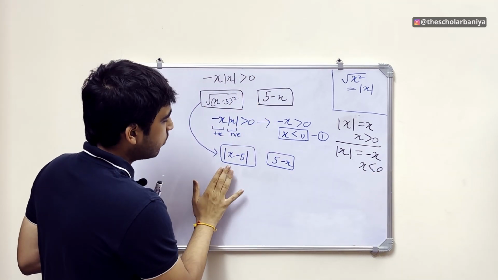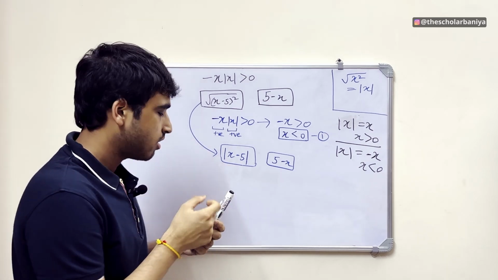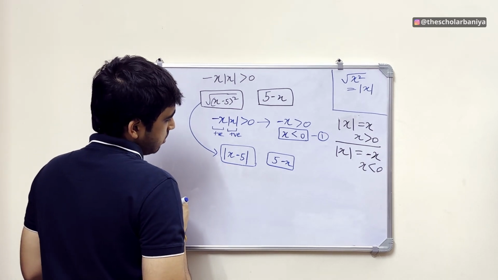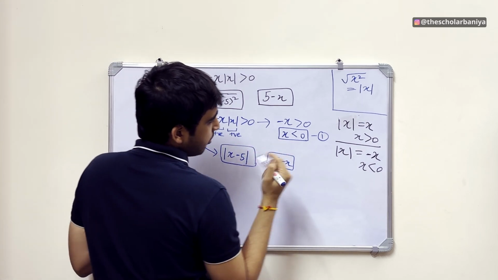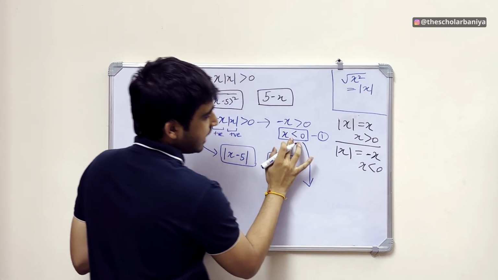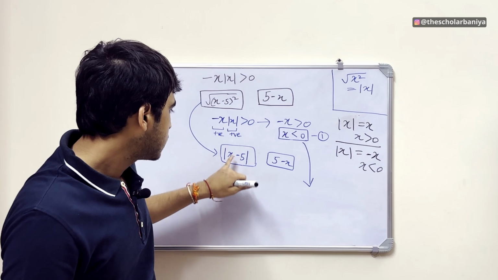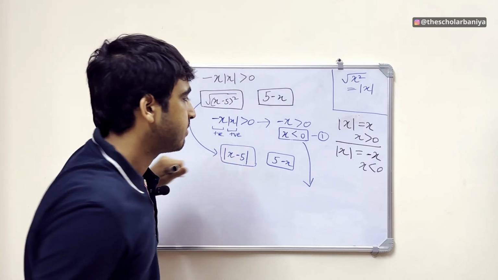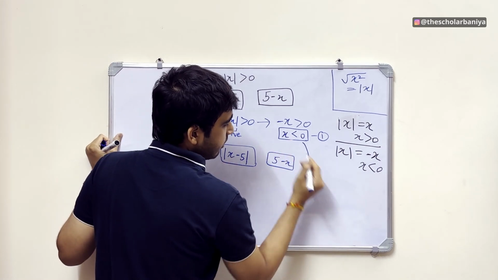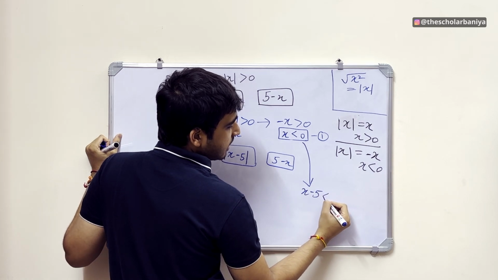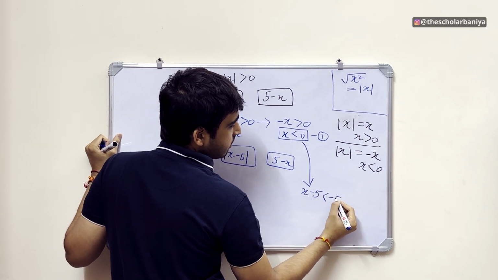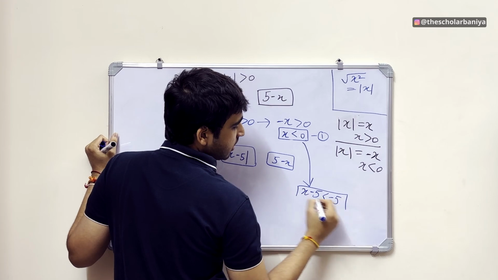So now over here, from here we can see that x is less than 0, right? So what will be the value of x minus 5? Let's see. If x is less than 0, then x minus 5 will be less than minus 5, right?